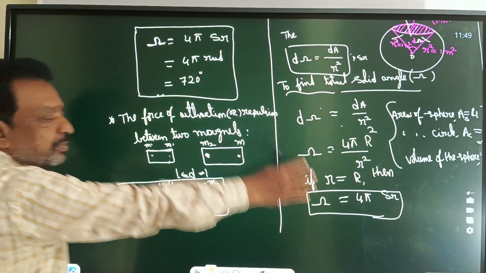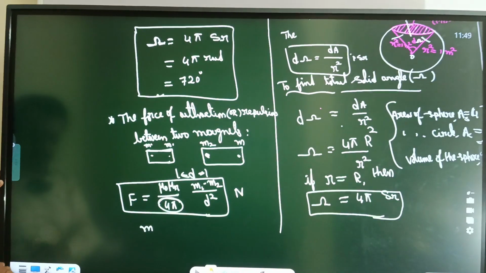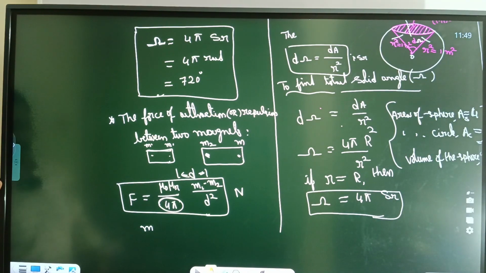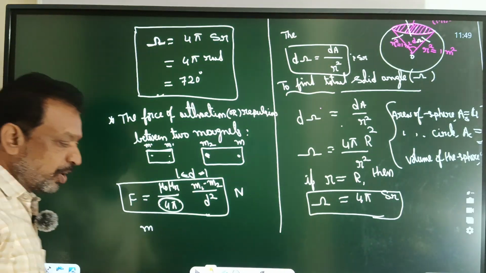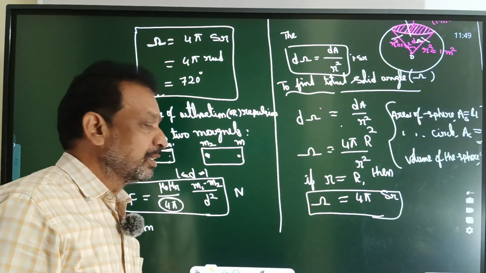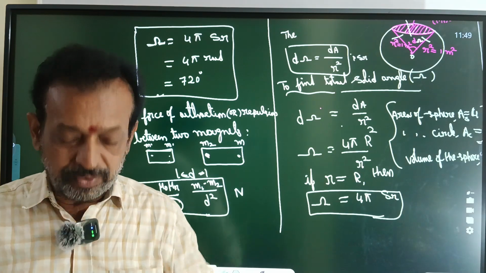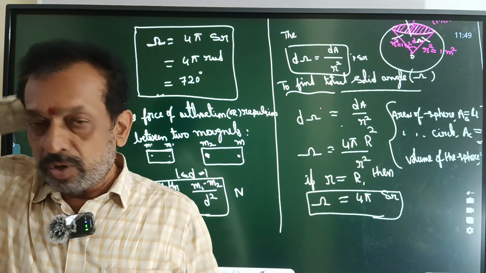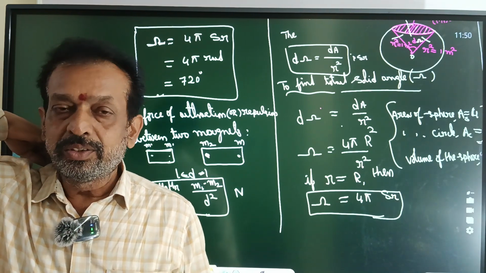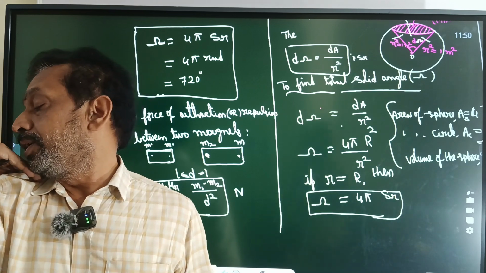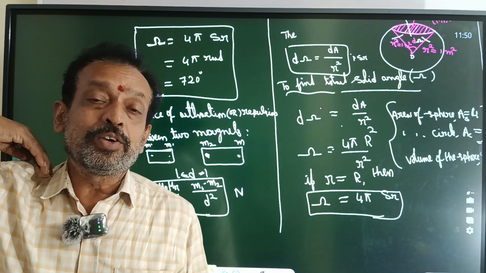I am seeing a front view plane, which is 360. But I can see the back of this also, so that is 360 plus 360, 720. Myself, I am a solid. Front view 360 and back also I can see.